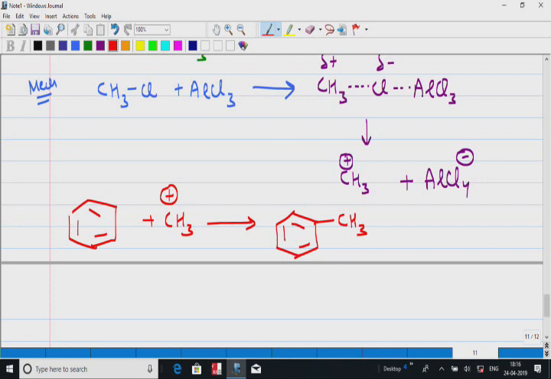Methyl benzene, yes, we can call it methyl benzene, but obviously methyl benzene you already know. Any other name? A common name is there. Very good. Toluene, yes, sometimes people call it toluene. We can call it toluene.